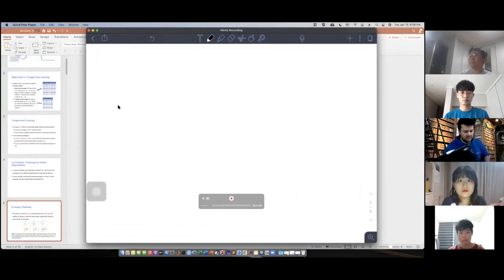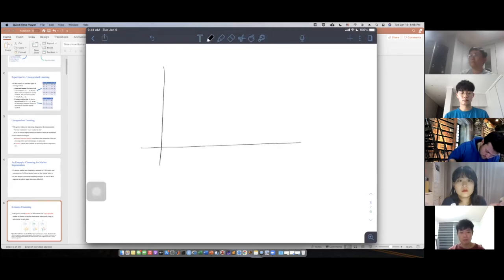The idea of clustering is this. Let's say we have a data set, a 2-dimensional data set. We have only two features, and each circle represents an observation.